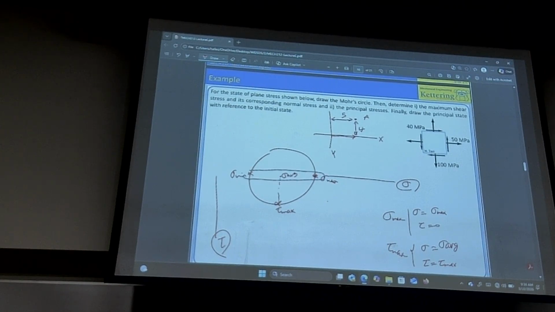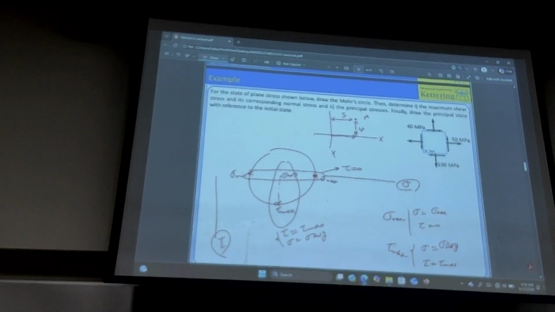So basically, here, in the principal state, tau equals 0. And on this one, tau is max, but sigma is sigma average. So what does that mean? The fiber on the material that is observing max and minimum normal stresses never sees any shear.